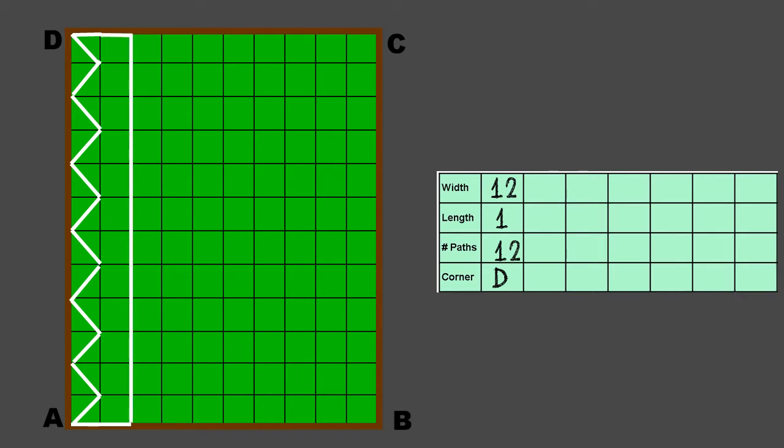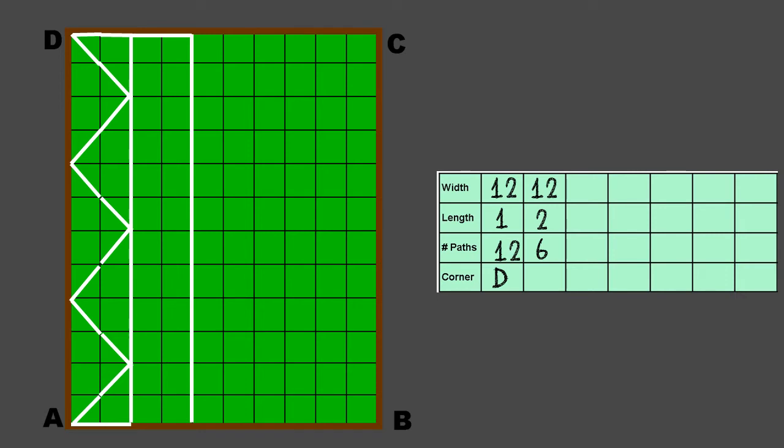So we got to corner D. Let's look at a different size table this time. Let's extend it to a 12 by 2, and see how this path differs from that original path. If we hit again from corner A, we start to see that it takes a slightly different route, and with a 12 by 2 it took 6 hits, or 6 line segments, to get to corner D. So let's look at another one.